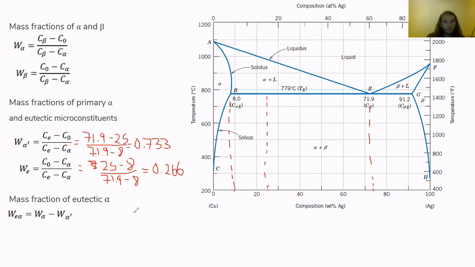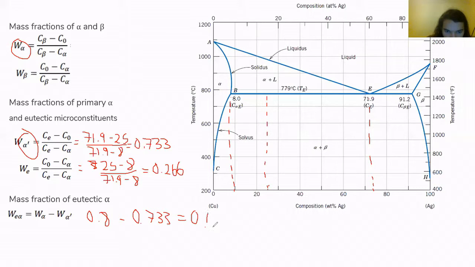And the mass fraction of eutectic alpha is whatever we got here minus whatever we got here. So 0.8 minus 0.733, which is equal to 0.067.